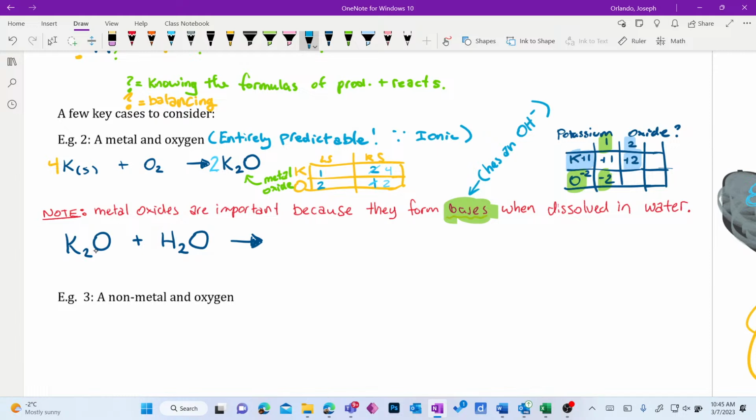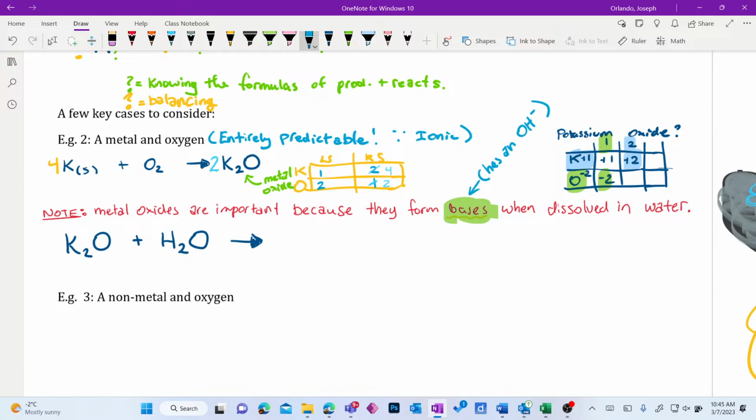Well, if one of them attaches to this oxygen, now they would both be an O and an H, OH. Does that make sense? So when a metal oxide reacts with water, the hydrogen jumps ship, and every water becomes an OH, and every oxygen on here becomes an OH. You get a hydroxide.